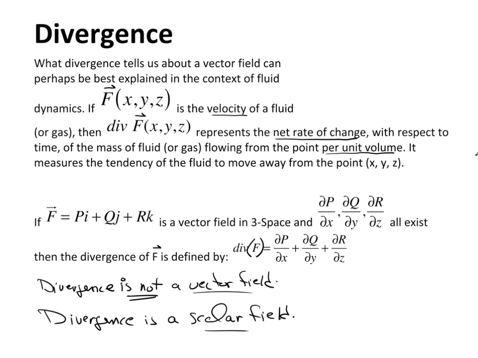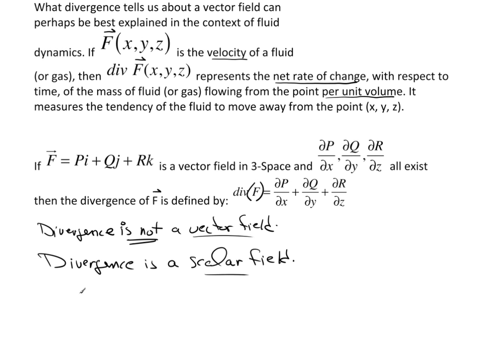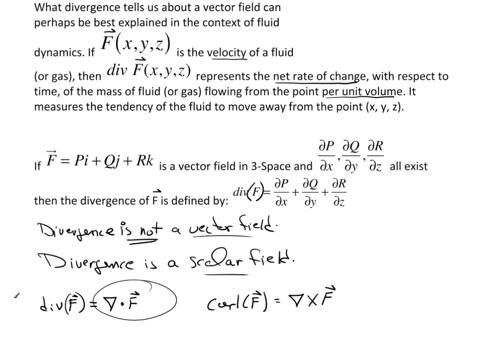So symbolically, I can write divergence of F as being equal to this del operator dot F. Recall curl of F, we represented as being this del operator cross F. So this notation actually tells you how to calculate the divergence of a vector field.